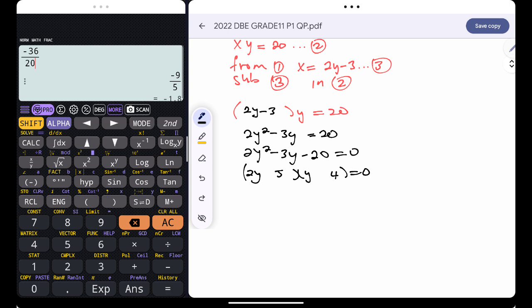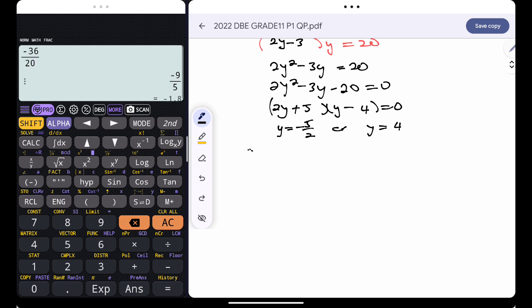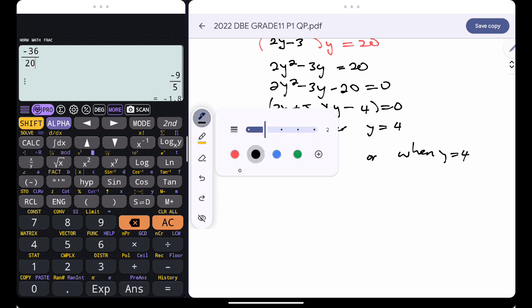The sign of the middle term will go here, and then I'll have a plus there. So y will be equal to negative 5 over 2, or y will be 4. So I must solve x when y is negative 5 over 2, and I must also solve x when y is equal to 4.